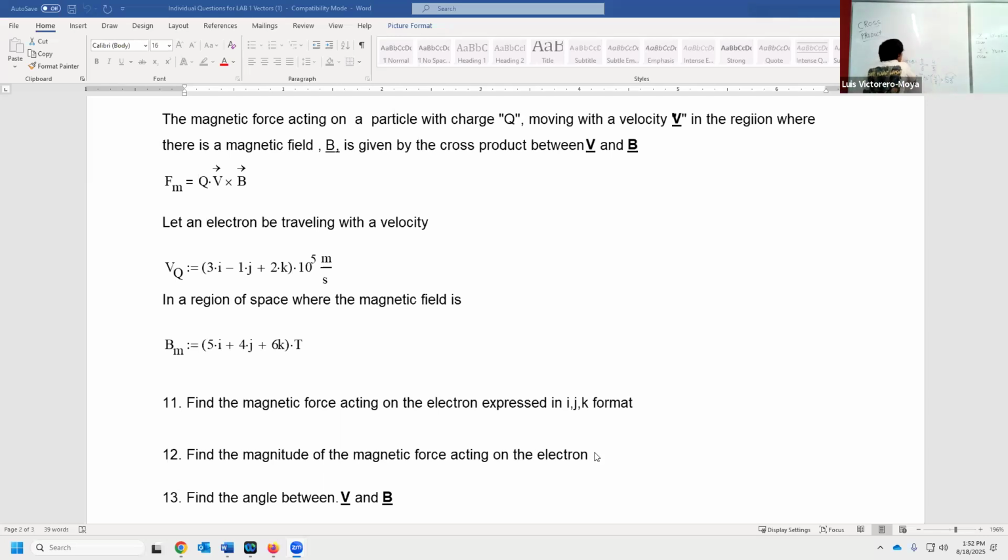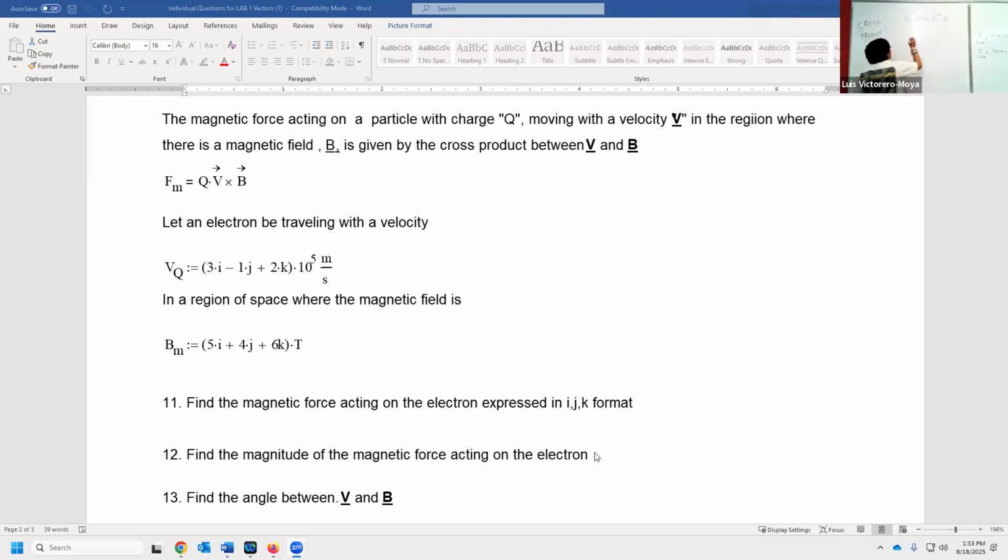I don't want you guys to get lost in that. The charge of the electron, q, is negative 1.60 times 10 to the negative 19 coulombs. You have the v and the B. Find the magnitude of the force acting on that.